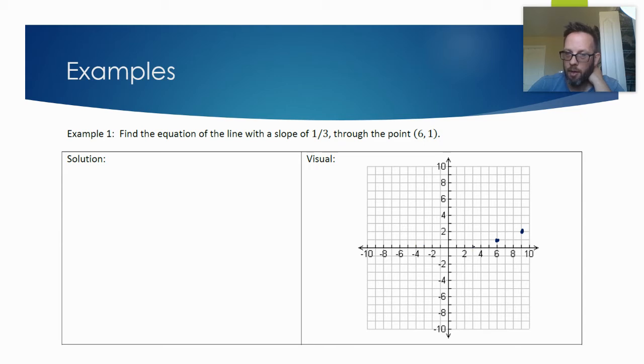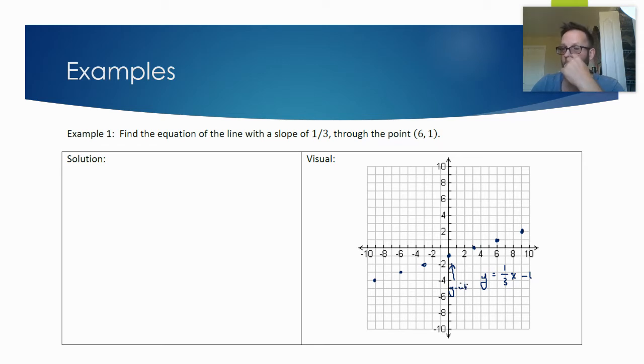Down 1, left 3. Down 1, left 3. We can actually see that the y-intercept for this line is -1. And we got it by graphing. So we actually already know what the equation should be: y = 1/3 x minus 1, because the y-intercept is -1.